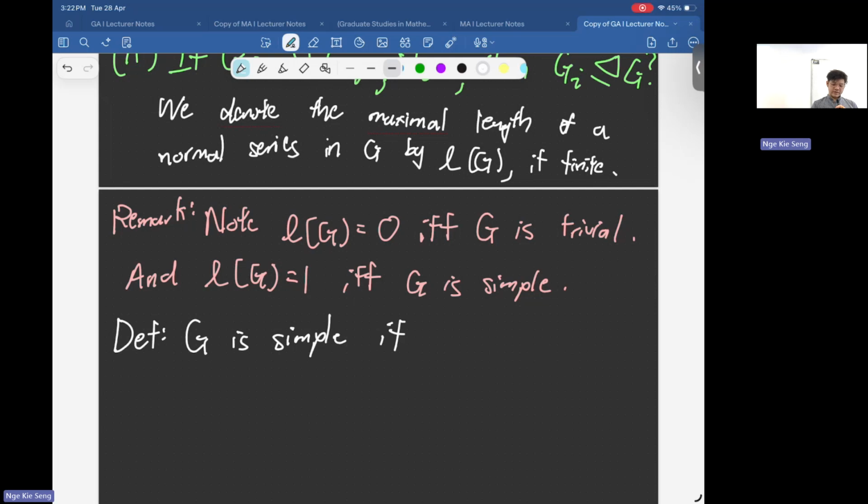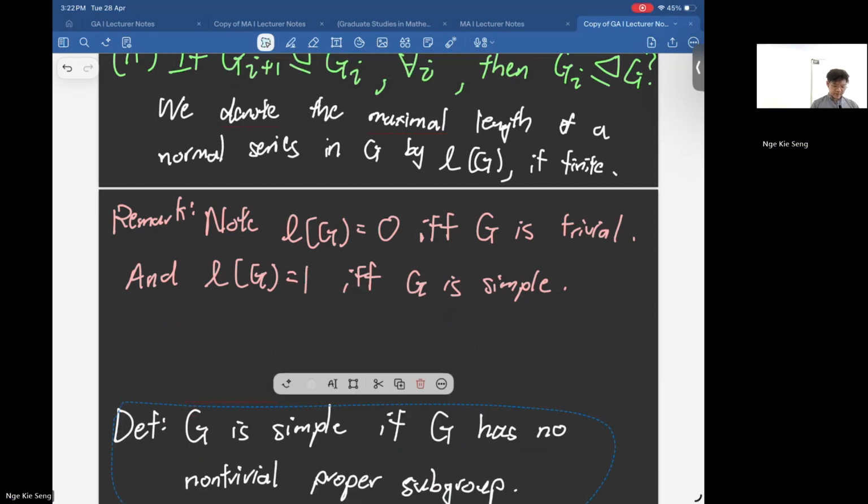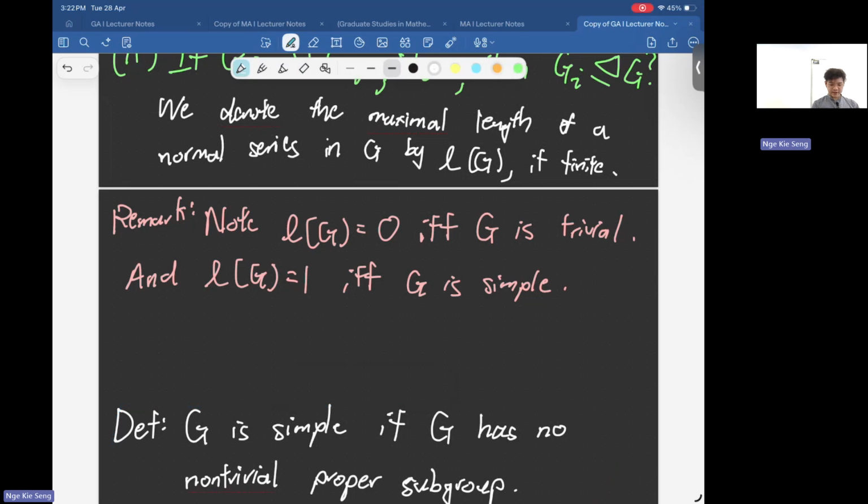G is simple if G has no non-trivial proper subgroup. You can see that it matches up with this normal series counting here. Or you take L(G) equals 1 as a definition, it also doesn't matter.